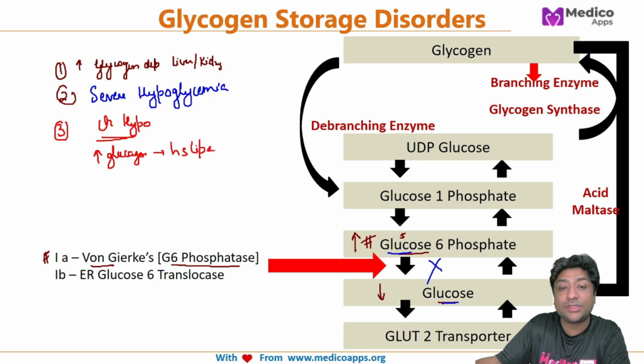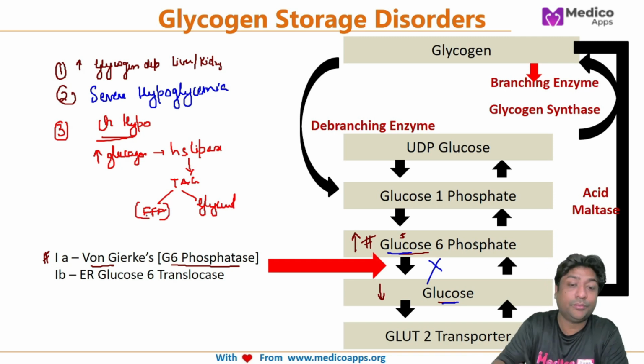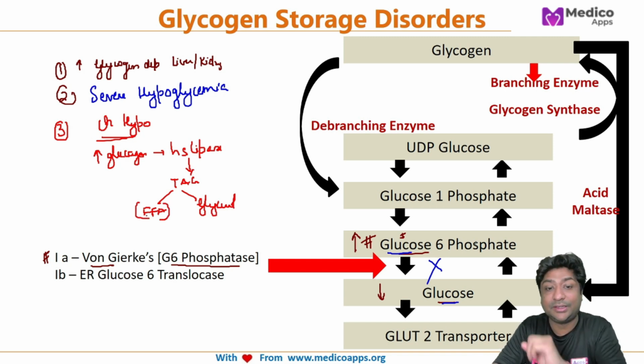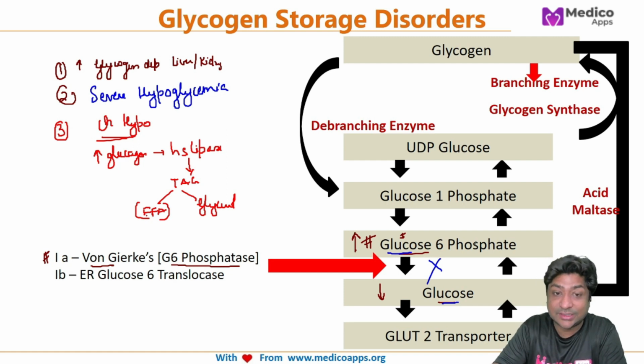What will this hormone sensitive lipase do? It will break down triacylglycerol into free fatty acid and glycerol. So there will be an increase in the free fatty acid level of the body, and hypertriglyceridemia. So this is the third feature.